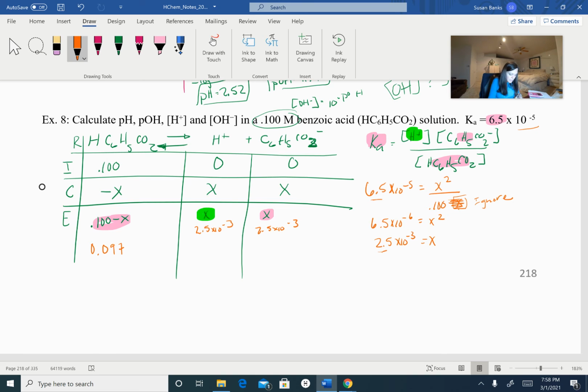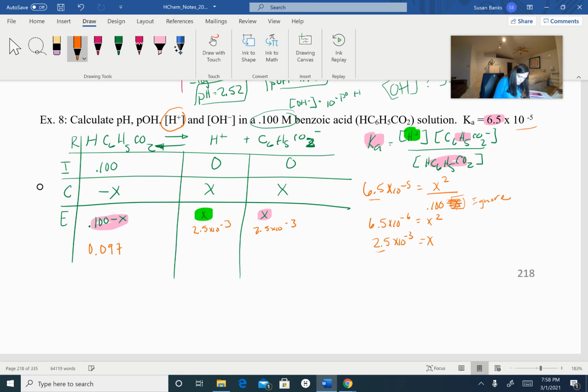Okay, so I've got my concentrations now at the equilibrium. Now let's see what I'm actually asked to find. I'm asked to find the hydrogen ion, which is what we've got right here. So there's my hydrogen ion concentration. That one's done.